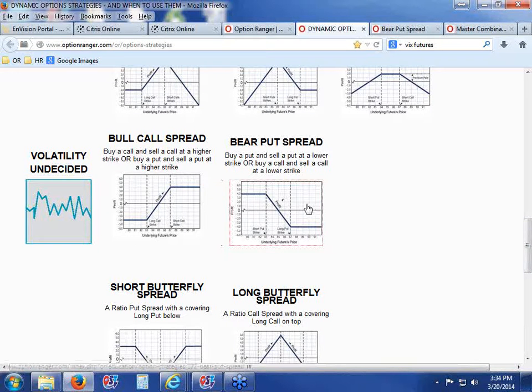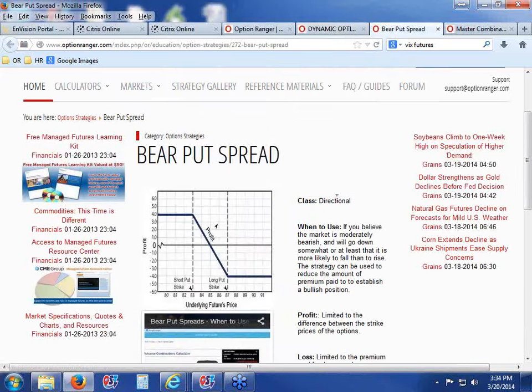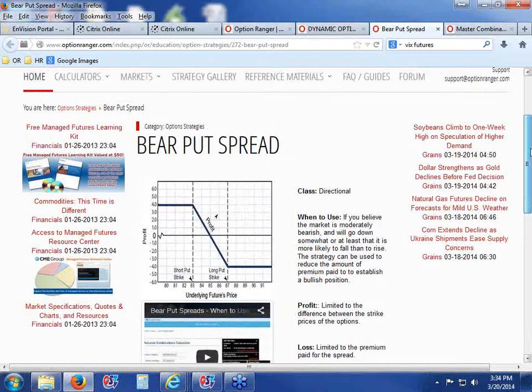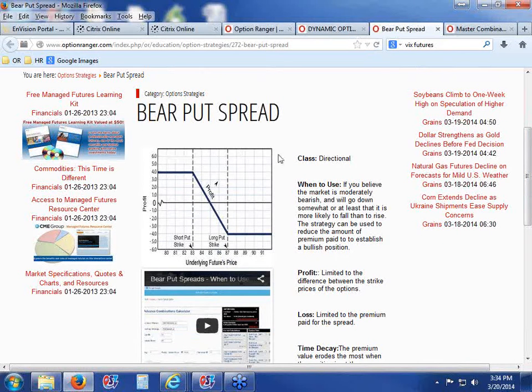So when you look at the bear put spread, these are the particulars. Whenever you see a trade like this, you can click on it. When you click on it, it'll open your next window where that particular trade market is defined. You see a very commonplace grid of how these trades are described that shows you that your profit scenario is limited to the difference of the put strike price that you purchased and the strike price that you sold.